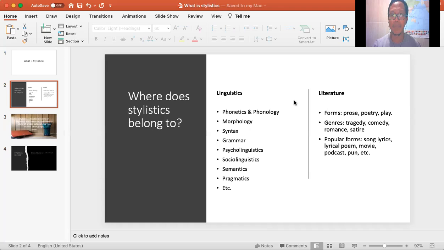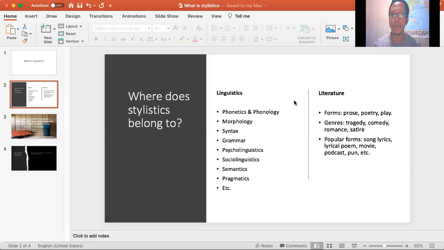The first one is phonetics and phonology, the study of letters and sounds. And then morphology, the study of the morpheme.